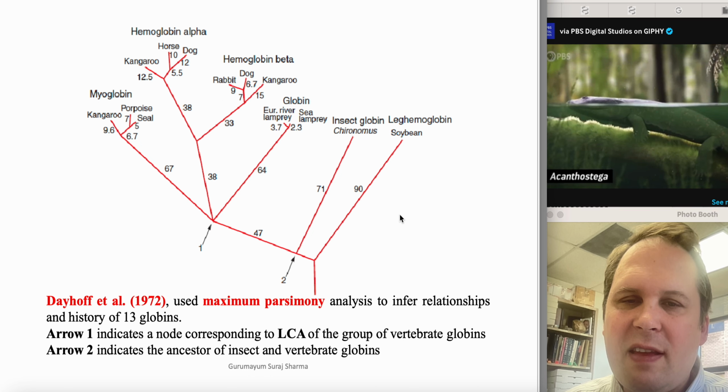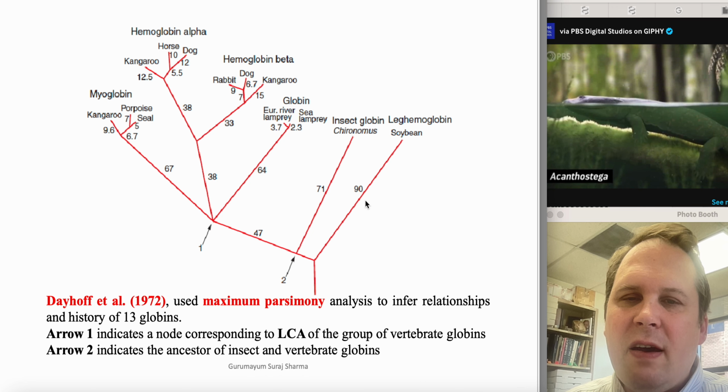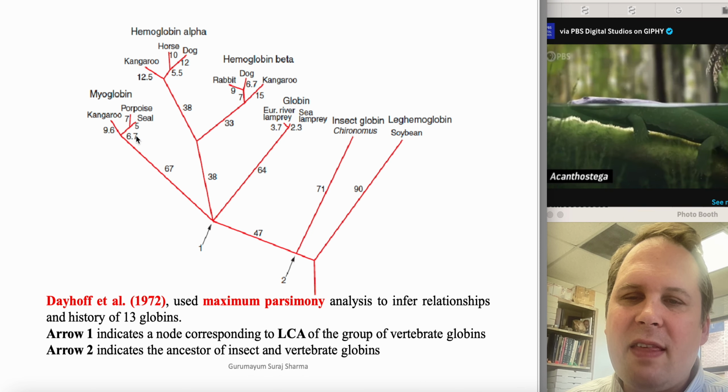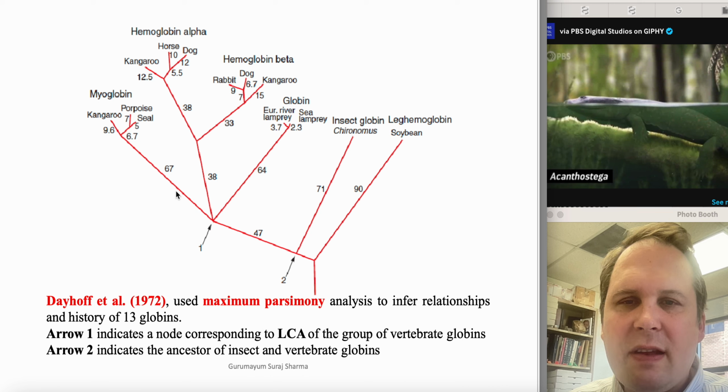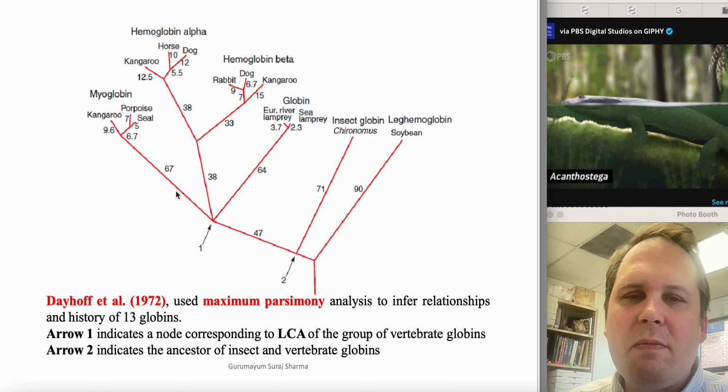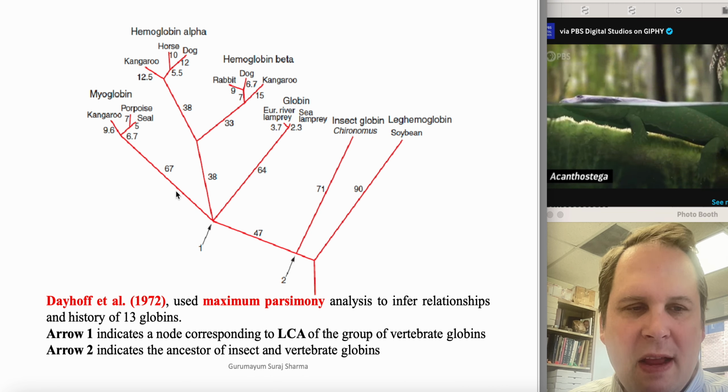using this. So here's a nice little tree of some globins. What you see on here are distances. So this is the genetic distance between these things. And so genetic distance should be proportionate to branch length, and you want to make the minimum branch length for the entire tree.